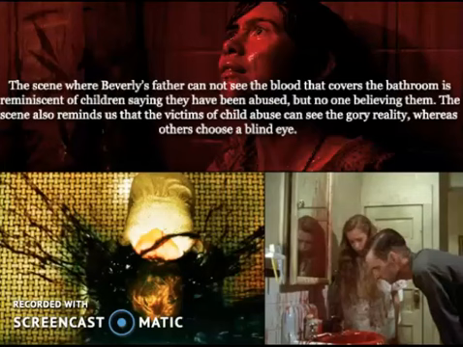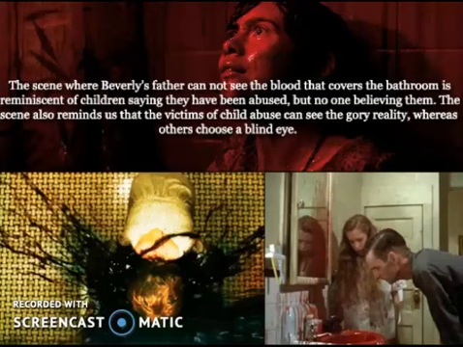So you have Beverly here, and there's some suggestion in both the early film and the current film about blood and what that means. The scene where Beverly's father cannot see the blood that covers the bathroom is reminiscent of children saying they have been abused, but no one believing them.